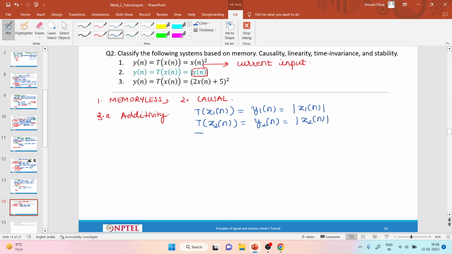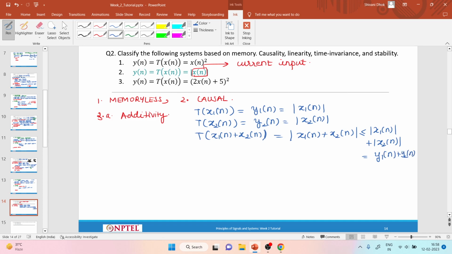Now if I look at x1 of n plus x2 of n, I will get absolute value of x1 of n plus x2 of n, which will be less than or equal to absolute value of x1 of n plus absolute value of x2 of n, which is equal to y1 of n plus y2 of n.